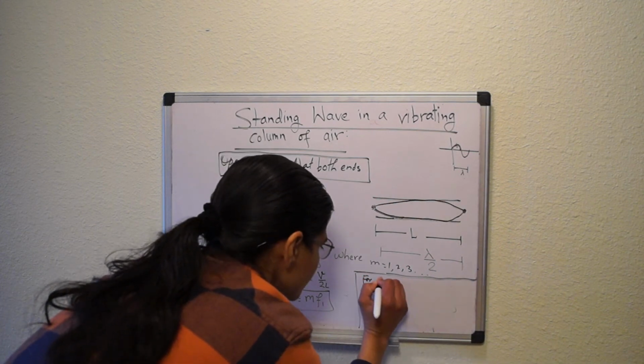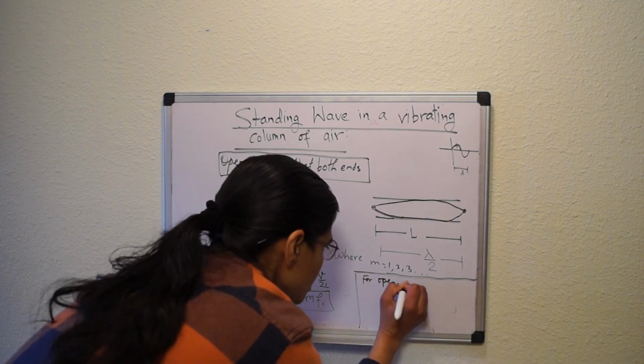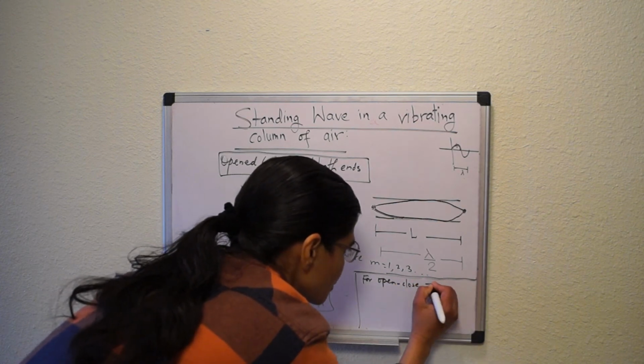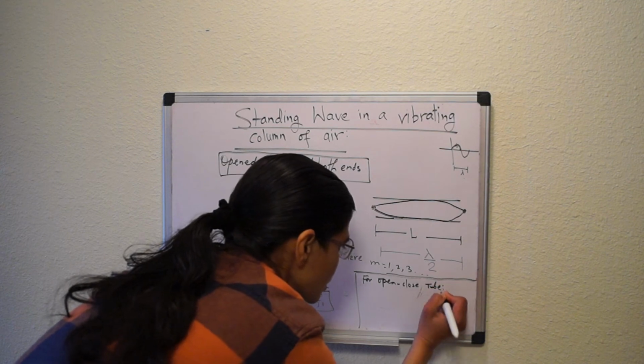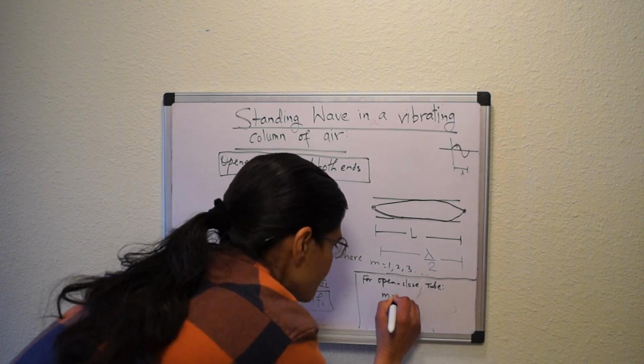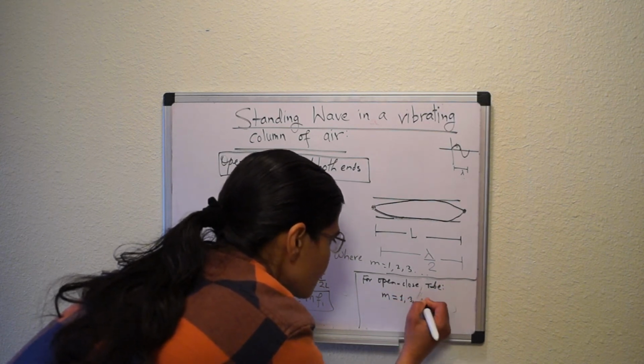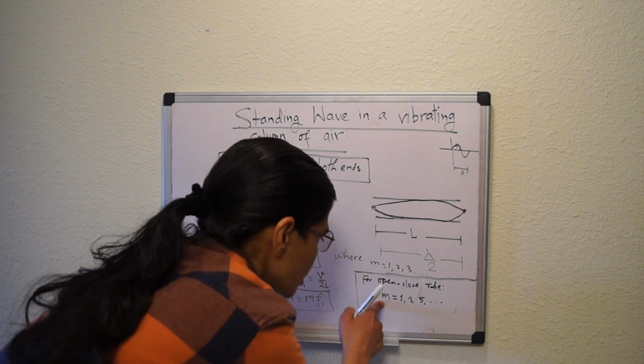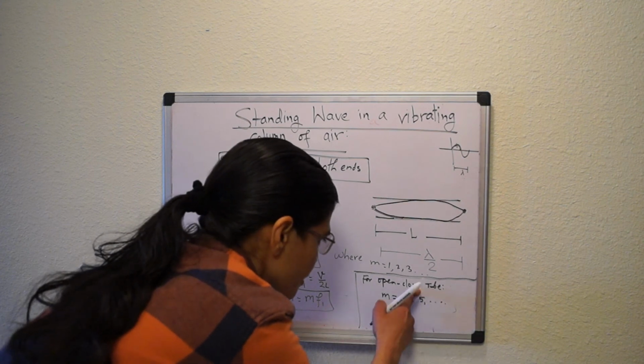For the open closed tube, the value of m is not 1, 2, 3, but 1, 3, 5 and so on. So please make this change.